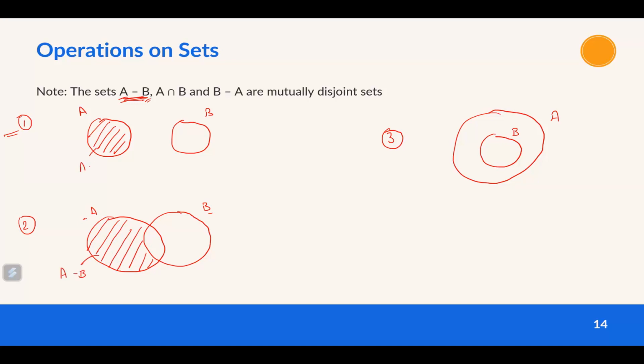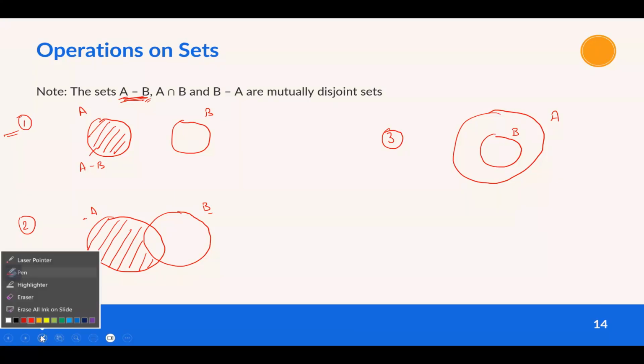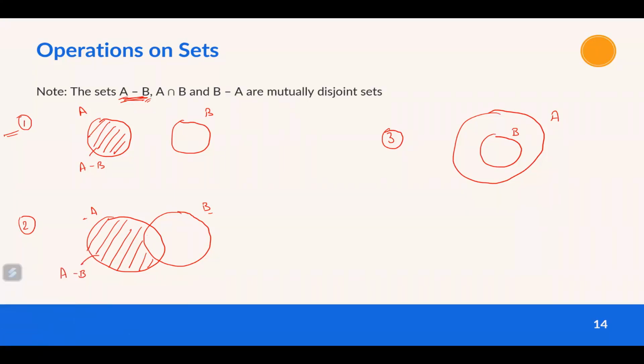This region is A minus B because this is common, and from the set A, which is the whole circle, you are removing this common area. So if we are removing this common area, we will get the set A minus B.